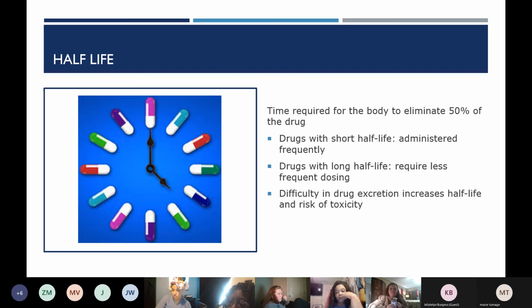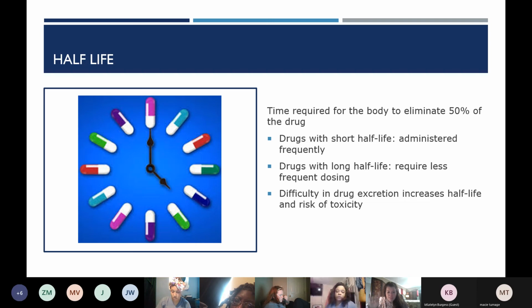All right, the half-life of a drug is the time required for the body to eliminate 50% of the drug from the body. Okay, so drugs with a short half-life are administered frequently. Drugs with a long half-life require less frequent dosing. Does that make sense to y'all?